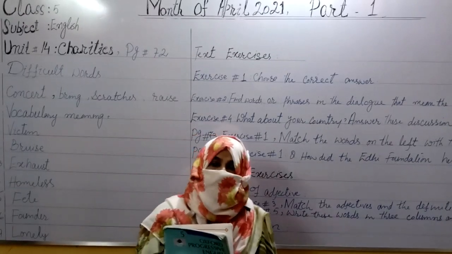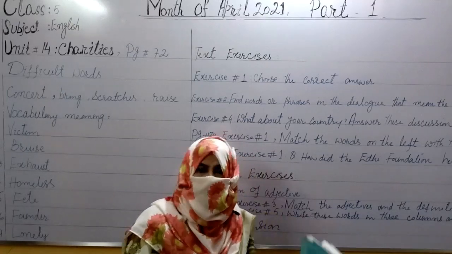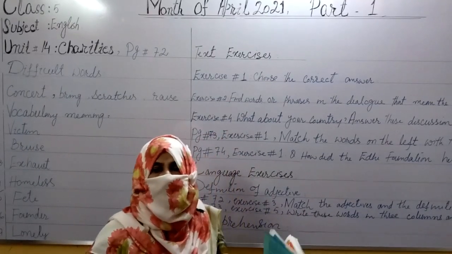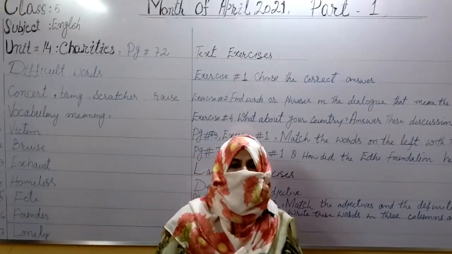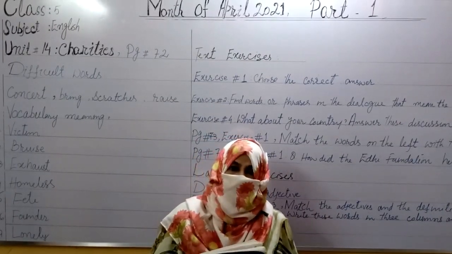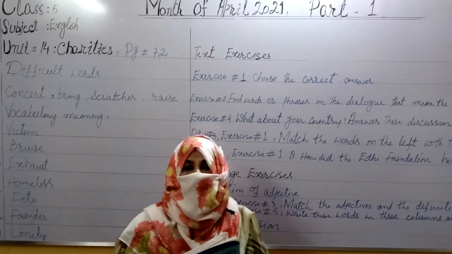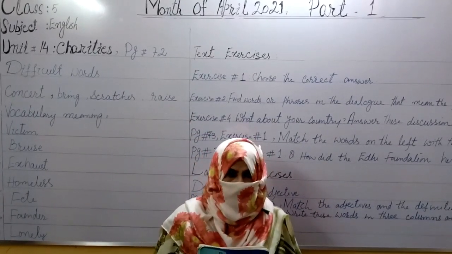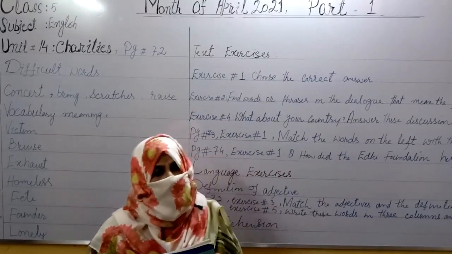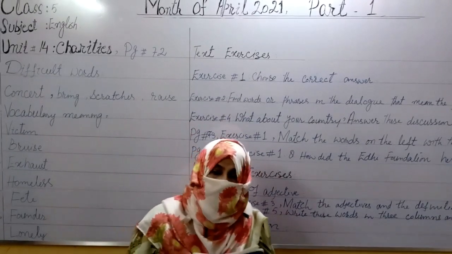Immediately, the rescue team of AD Foundation reached there and airlifted the injured persons to hospitals. Then her uncle decided to help the AD Foundation. That's why she told Saira, maybe we could help too.